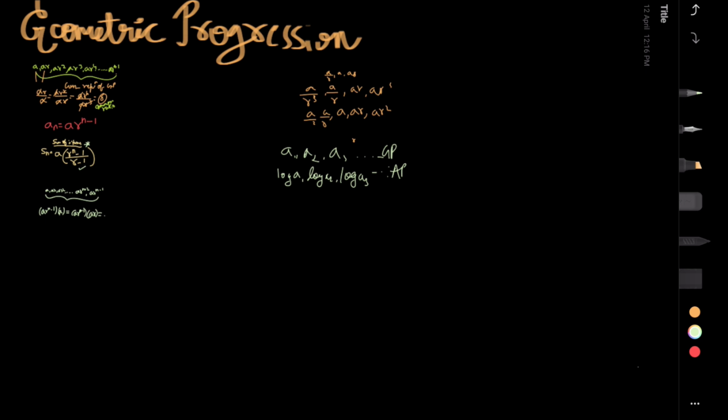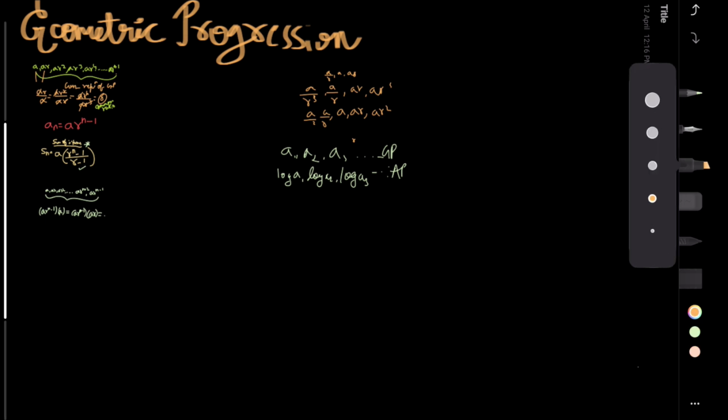Now next is our harmonic progression. In harmonic progression, it is called HP. I'll just write harmonic progression.